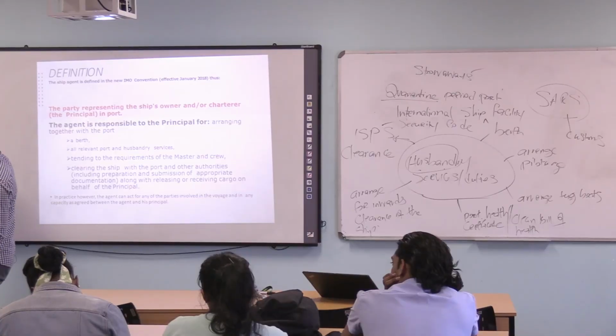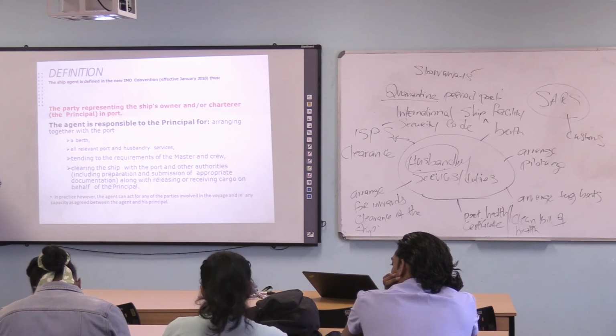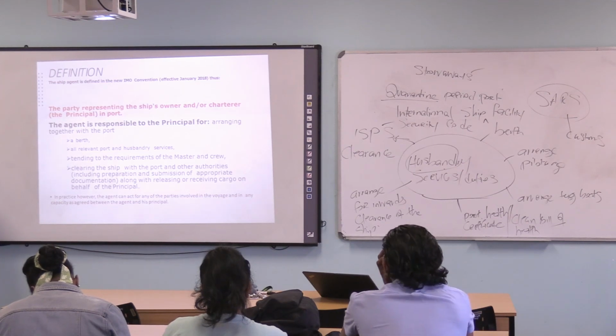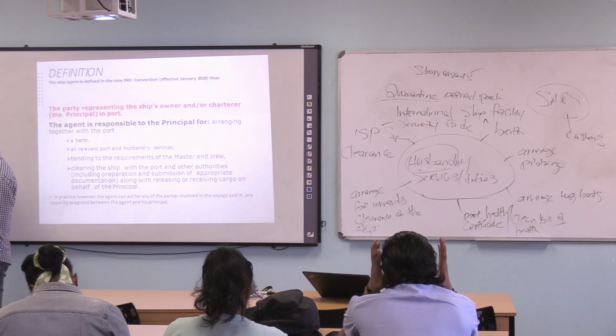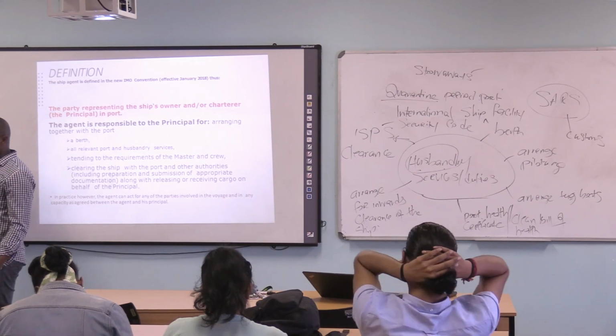So in other words, if you've got 3 berths here and you've got 3 berths here, then you can have 6 ships at the DCT in one go. Do you understand? I can't quite remember exactly how many berths there are at Pier 2, but there are more than 3. That I know for a fact. And at Pier 1, I think there's only 3 of them, if not 4 now.